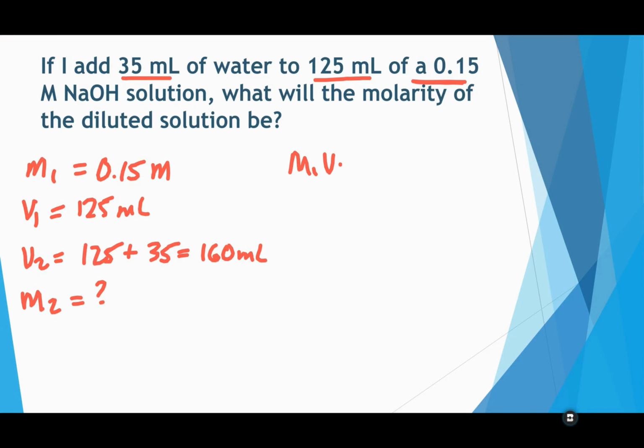So M1V1 equals M2V2. 0.15 times 125 divided by my V2, which is 160. That will be my M2. So 0.15 times 125 is 18.75, divided by 160.